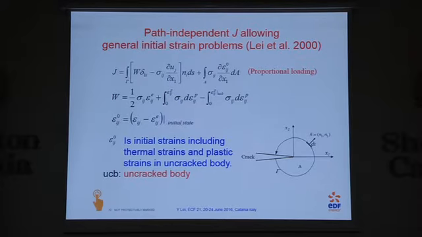Basically we know it, but we don't know the exact value. So how can you extrapolate that? The correct method is the total strain minus elastic strain at an initial state. That initial state you can understand as the state without crack, but with the self-equilibrium residual stress field. That's the state you have to select.